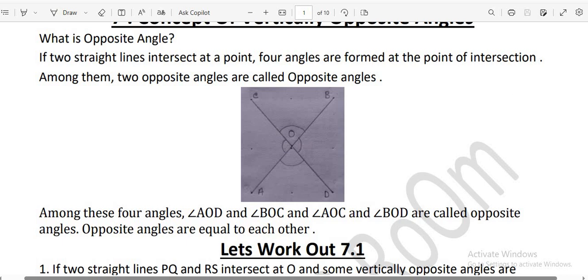From the picture, among these four angles, angle AOD and angle BOC, and angle AOC and angle BOD are called vertically opposite angles. Opposite angles are equal to each other.